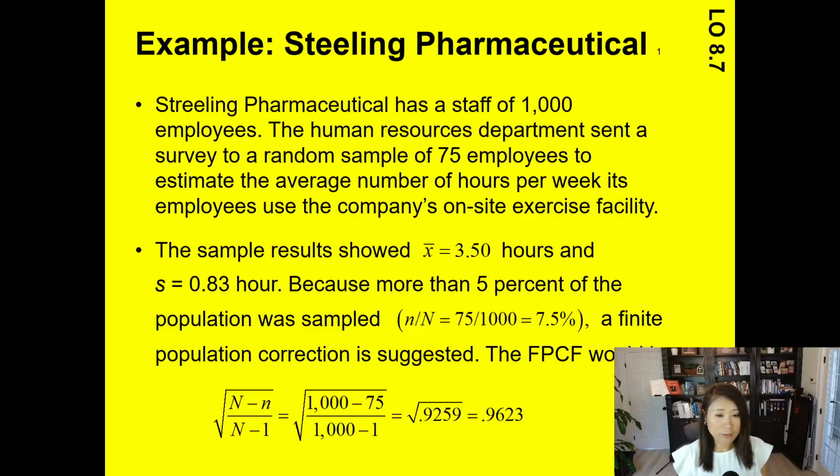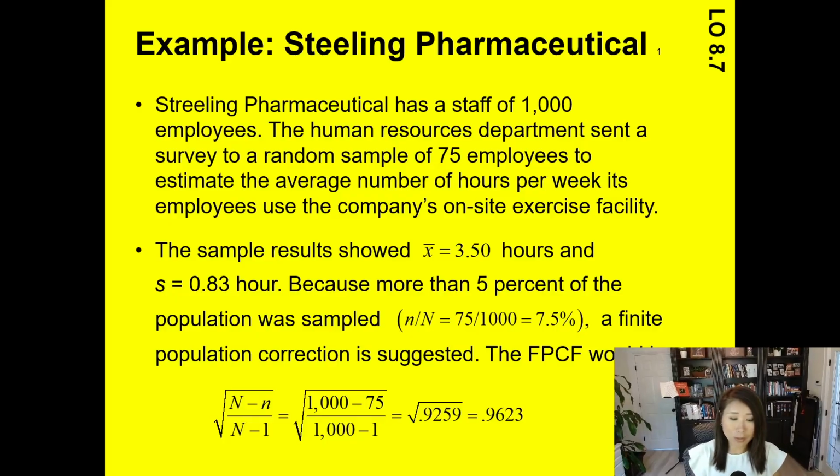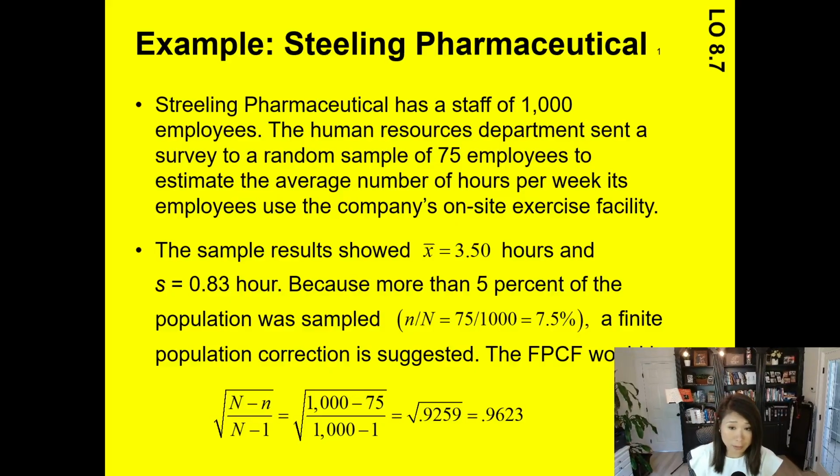So Sterling Pharmaceutical has a staff of 1,000 employees. The Human Resource Department sent a survey to a random sample of 75 employees to estimate the average number of hours per week its employees used the company's on-site exercise facility. After you read this case, you should start documenting the numbers.